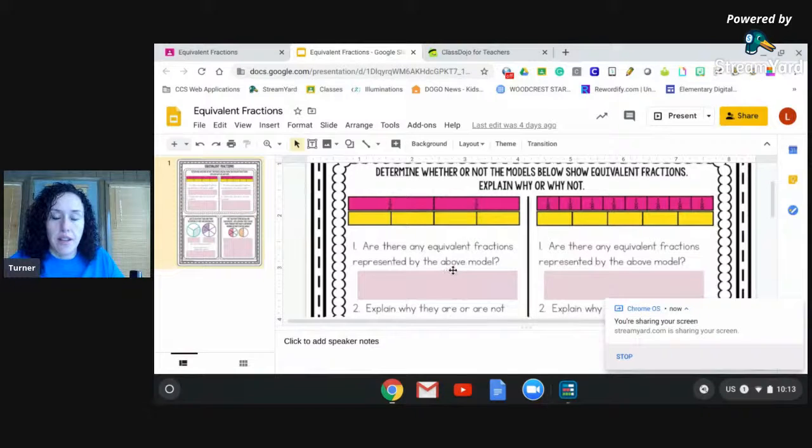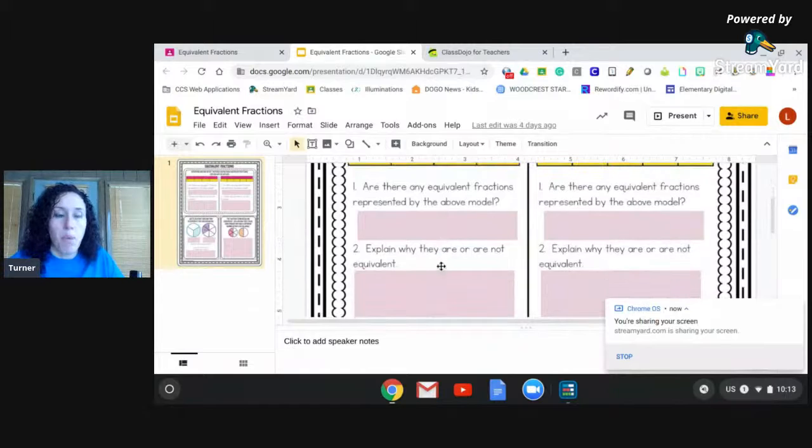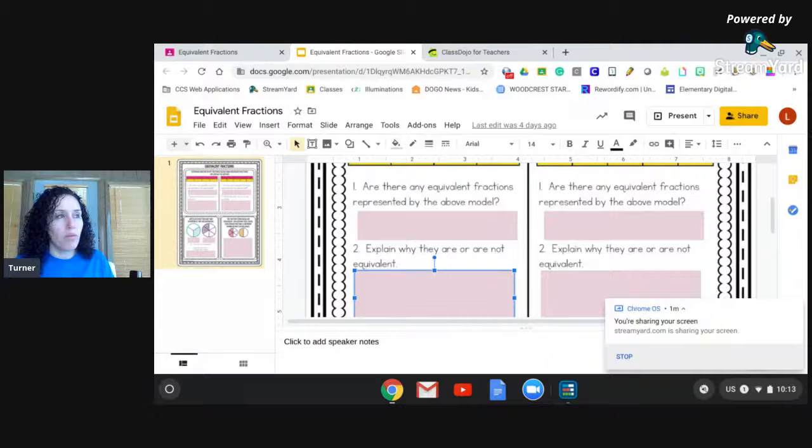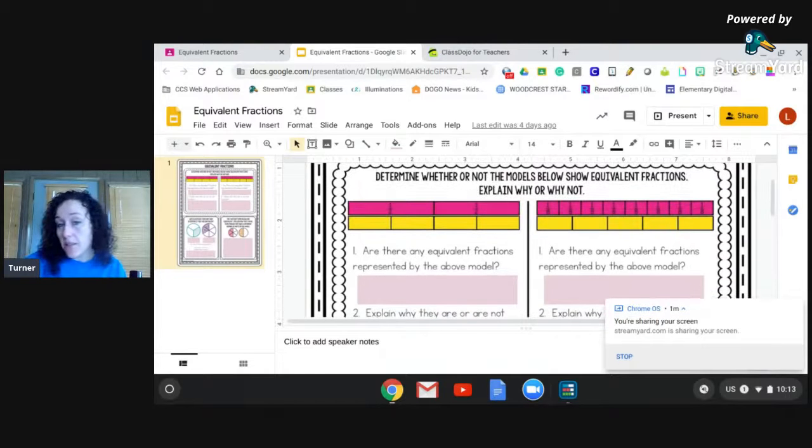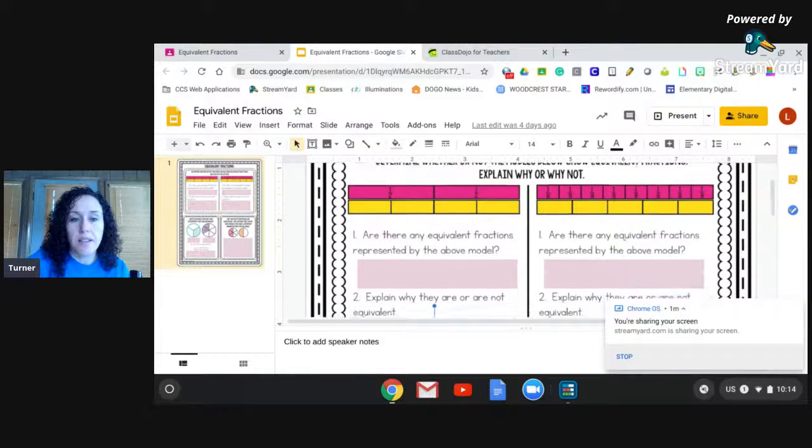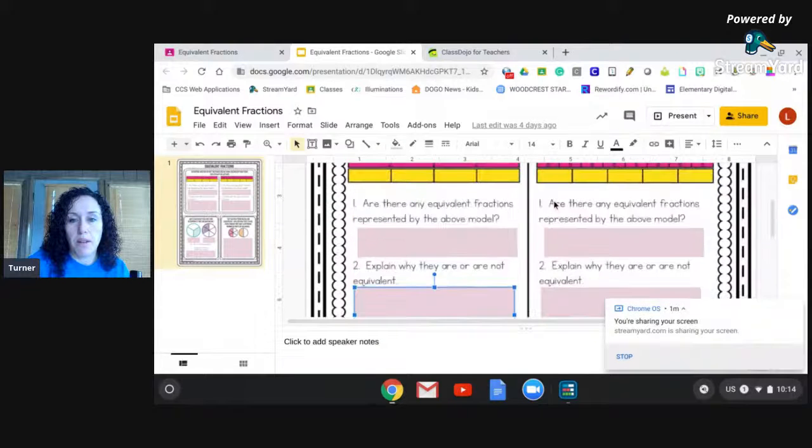Here, you need to tell me which fractions they are, and how do you know they're equivalent? Like I could say that I know they're equivalent because 2 fourths, a fourth plus a fourth, makes 1/2, because these two here equal the one above it, okay? So I want you to use what you already know and can see.